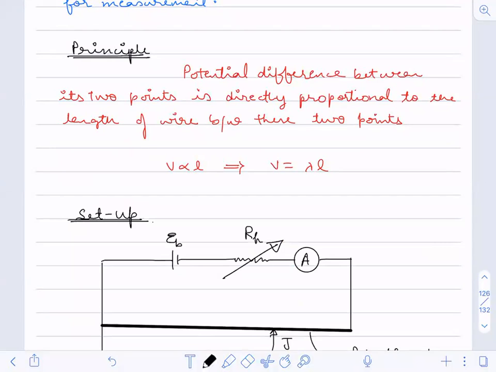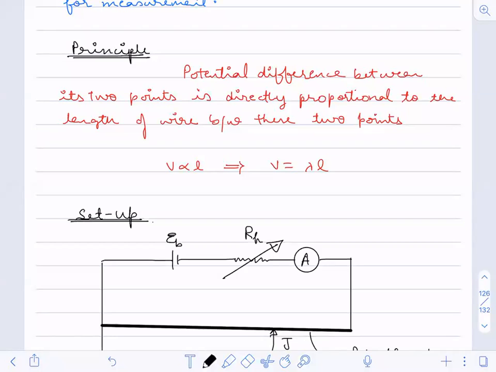If the same constant current flows through the wire, the potential drop will be directly proportional to the resistance. And since resistance is directly proportional to length, V is directly proportional to length. So it relates the potential difference with the length of the wire.